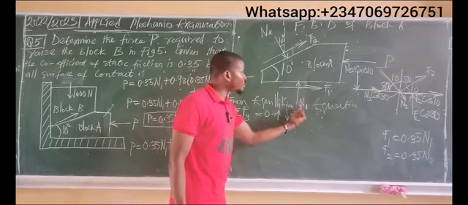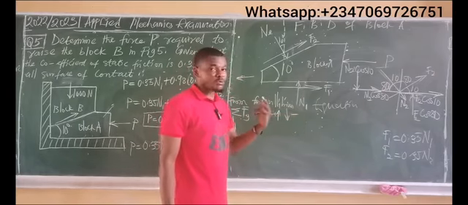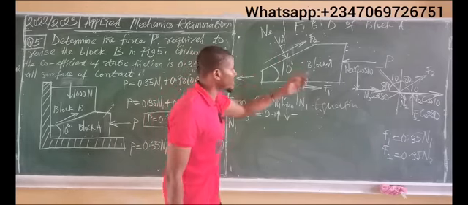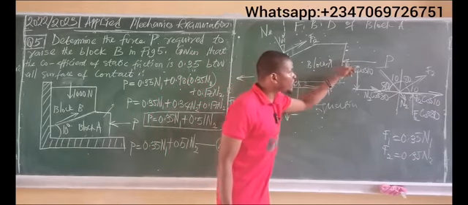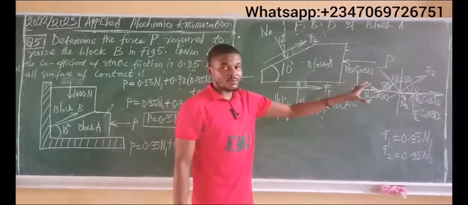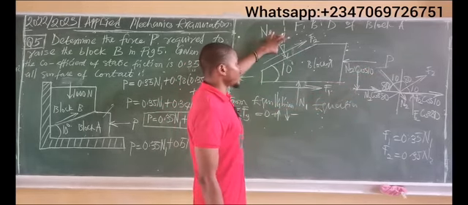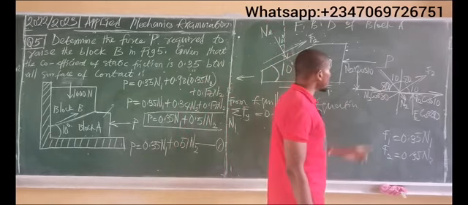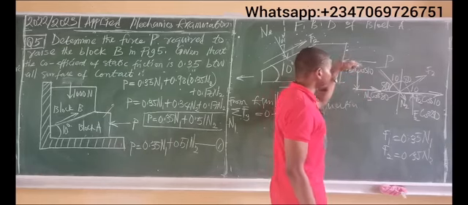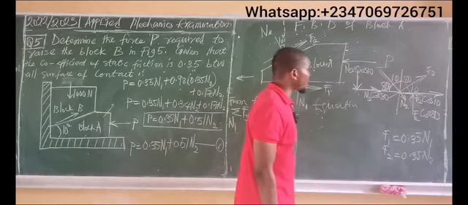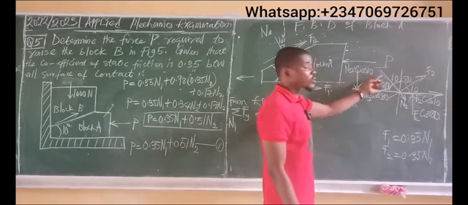I have N1 pointing upwards. Since it's pointing upwards, it becomes positive, so you simply put down N1. Now, P is purely horizontal and does not have a vertical component, so you leave it. Then you move over towards here, the normal reaction and the frictional force. The normal reaction is pointing downwards, so it becomes negative, and the value is N2 cos 10.